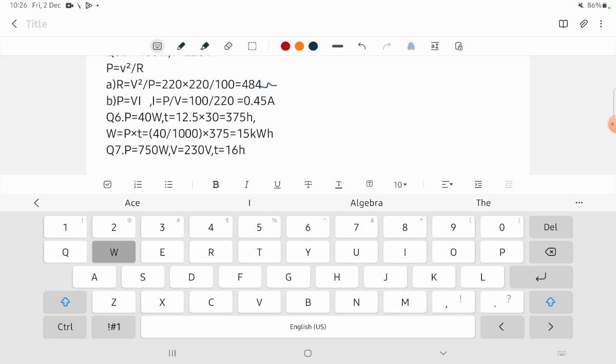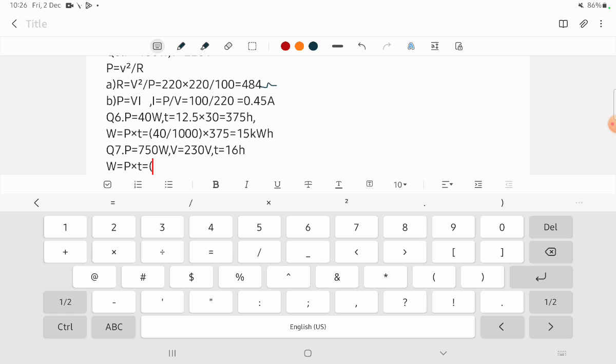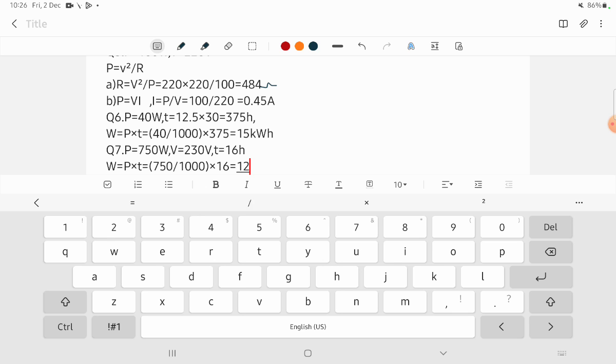So here we can write W is equal to P into T, that is equal to 750 by 1000, so convert this in kilowatt, into time is 16 hour. So my answer will be 12 kilowatt hour.